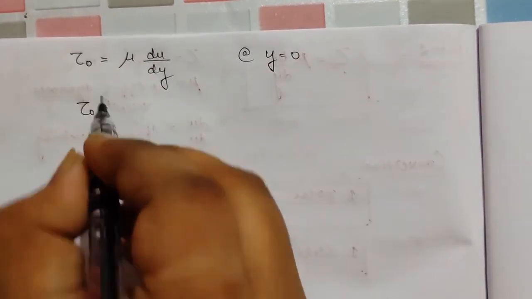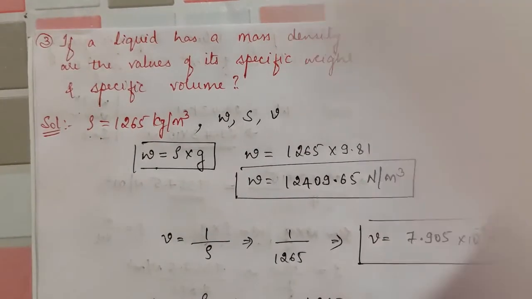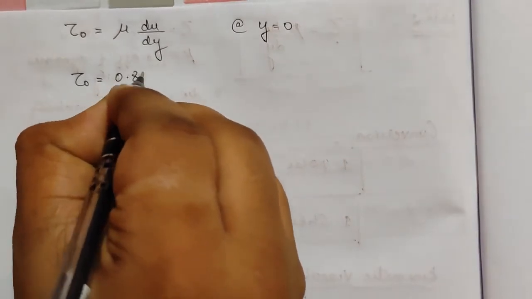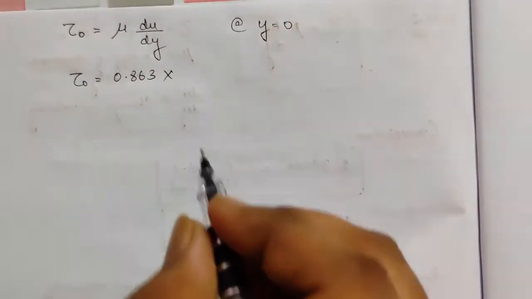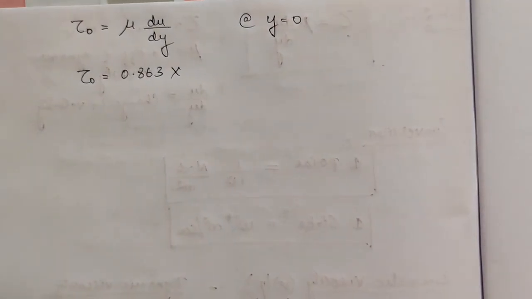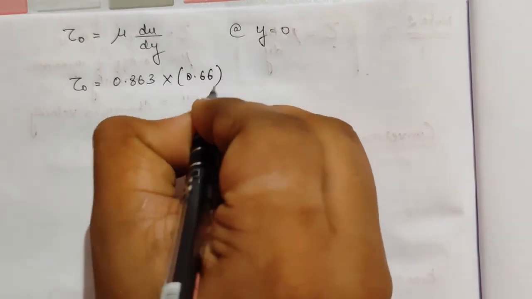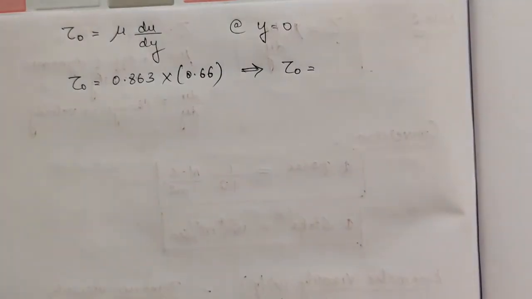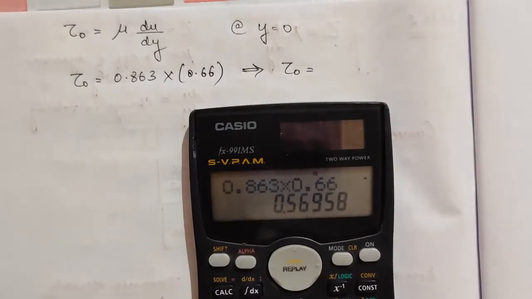So tau naught is equal to 0.863 into du by dy. The value of du by dy is 0.66. It implies tau naught is equal to 0.863 into 0.66. Here units are very important.